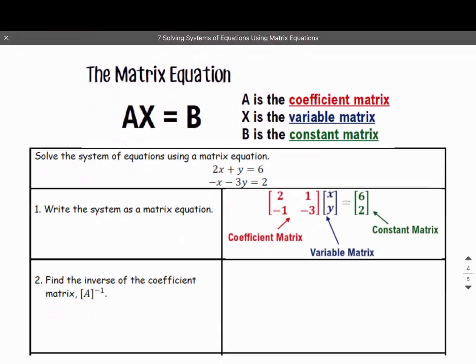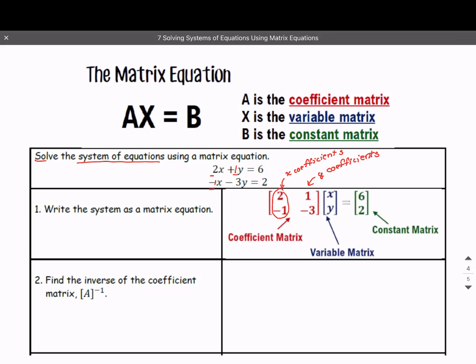Okay, so here we have a little graphic to remind us that when we want to solve the system of equations using a matrix equation, we take the coefficients on the x's as the first column. The 2 and the negative 1. That's where this column came from. Then in the second column we have the coefficients on the y's.